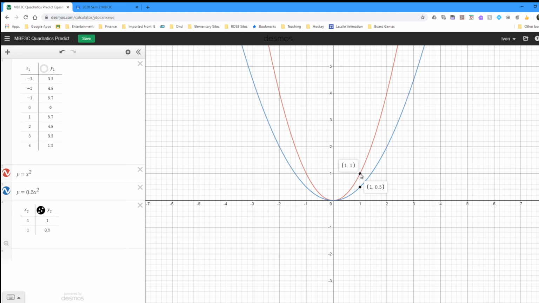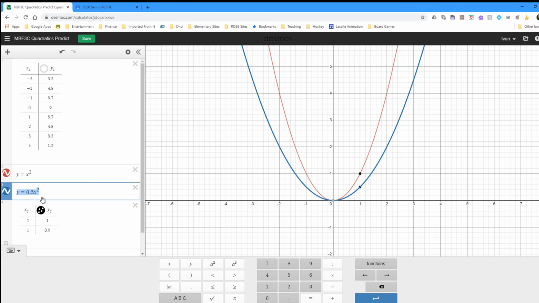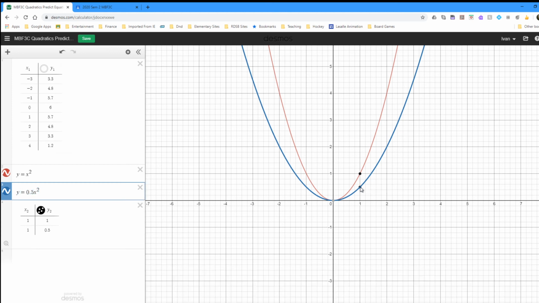So the original parabola's height is 1. We're multiplying the y values by 0.5. That's what this equation tells us to do. Multiply the x squared, or the y values, by 0.5. Well, 0.5 times 1 is half of 1, which is this point right here, which is 0.5.